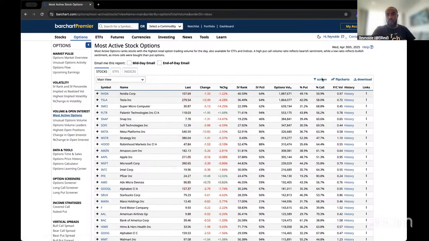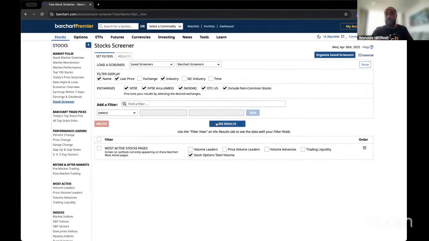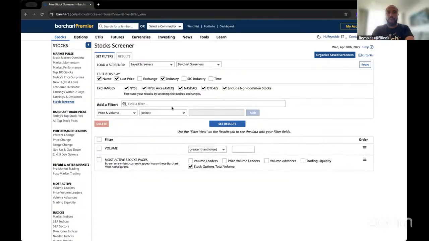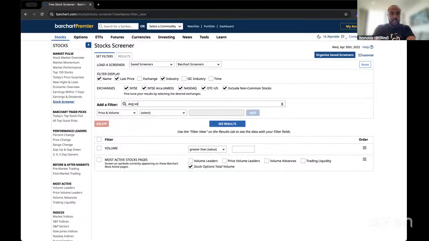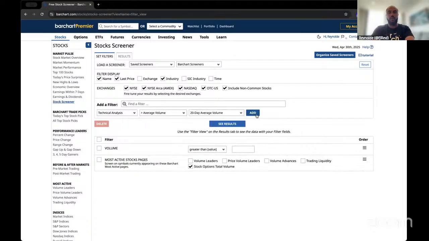Now, you can screen for what you're looking for in particular, and you can set different parameters. Let's say you're looking for a certain volume, or maybe an average volume. Let's say 20-day average volume.